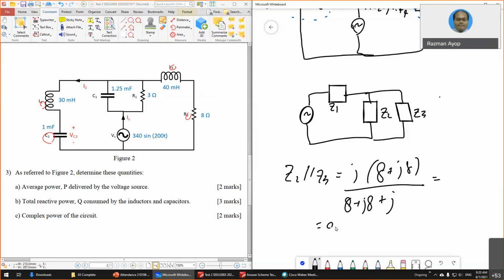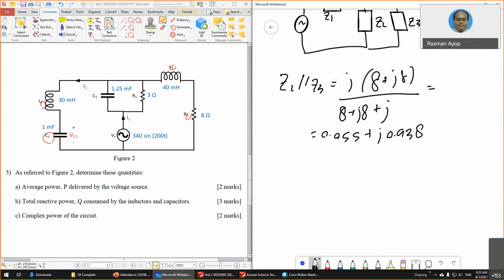So the answer is 0.055 plus J0.938. Then you get this one. This is Z1. Z2 parallel with Z3, then you just add together.